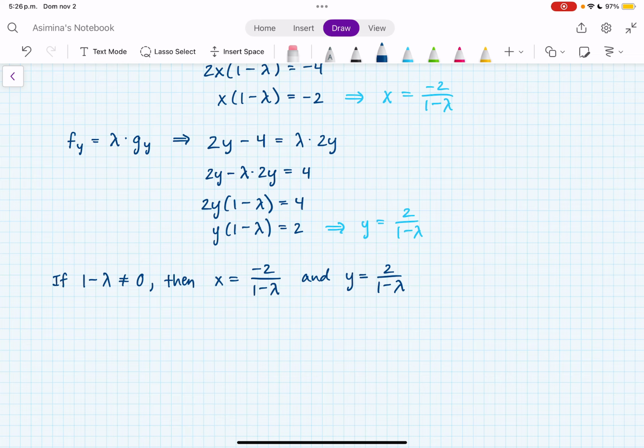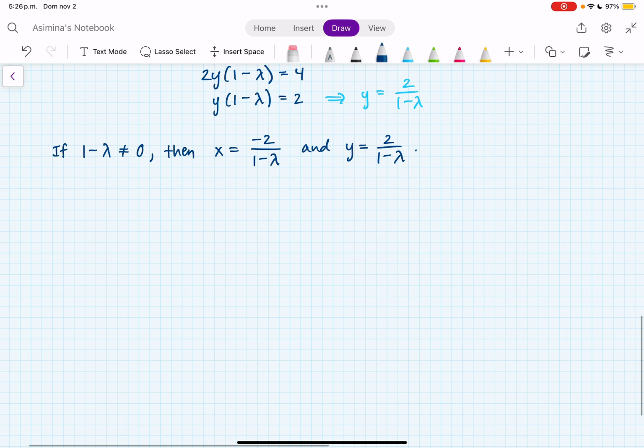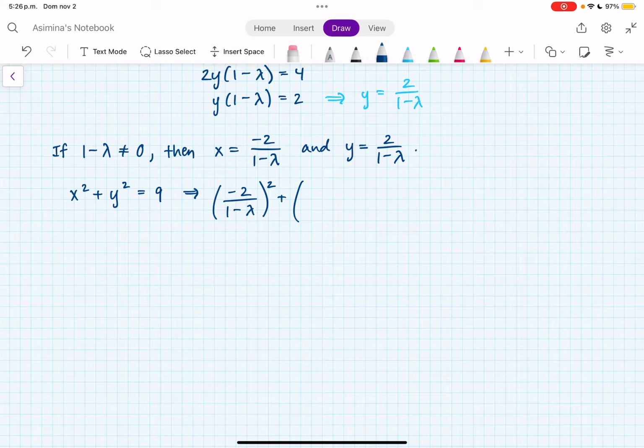Okay, great. And so we know that this has to be on the boundary. The boundary is x squared plus y squared equals 9. So what does this give me? I'm just going to square x, which is minus 2 over 1 minus lambda, and I'm going to add it to y squared, which is 2 over 1 minus lambda squared, and this should equal 9.